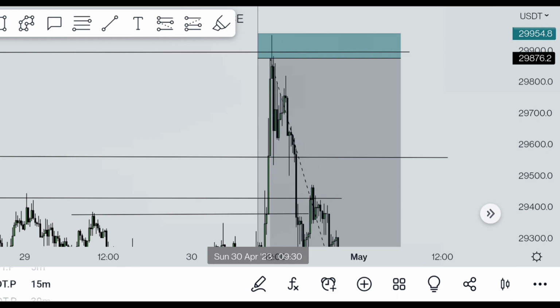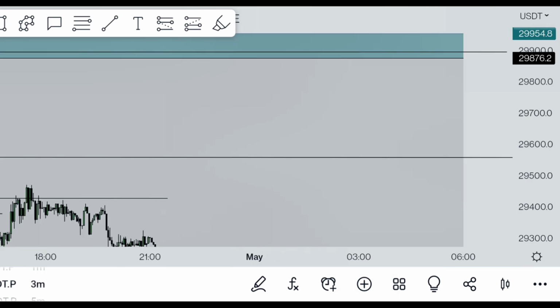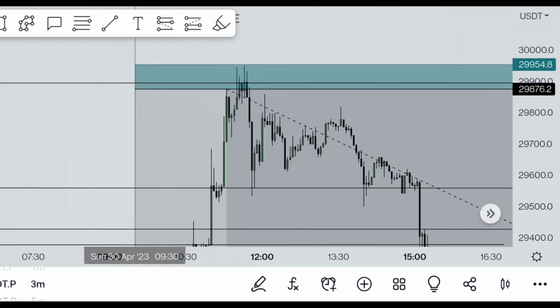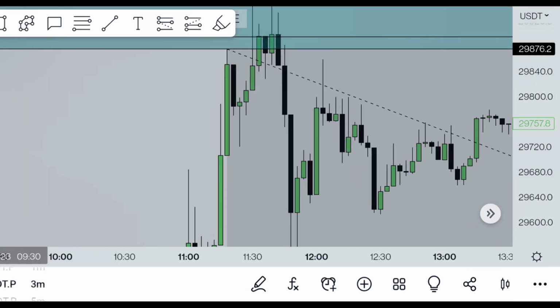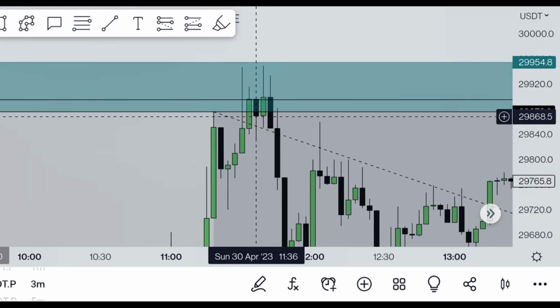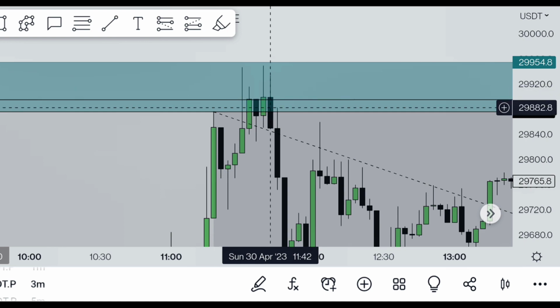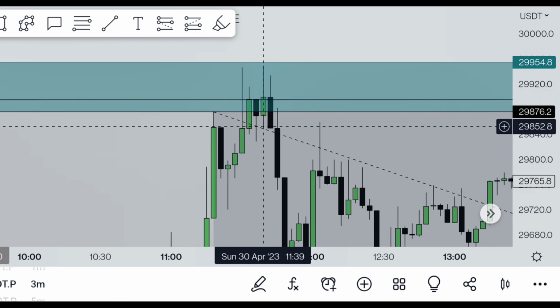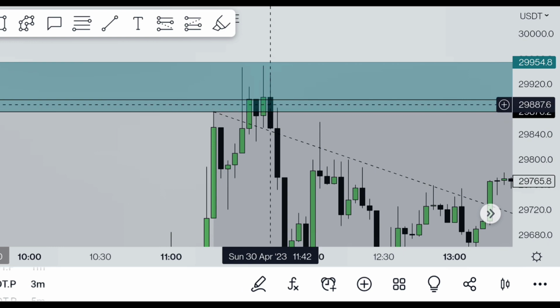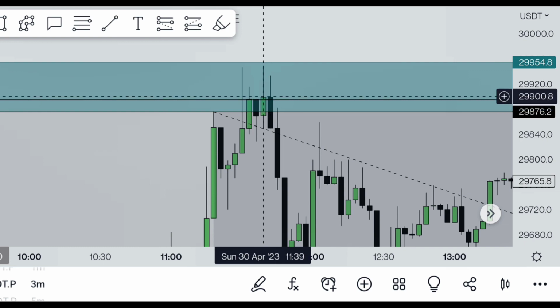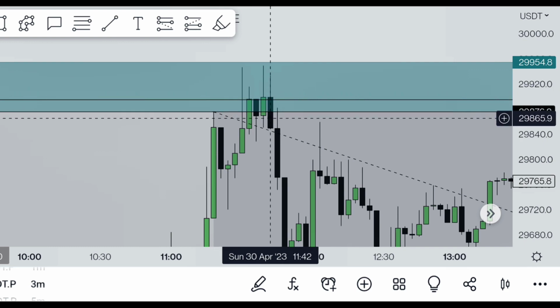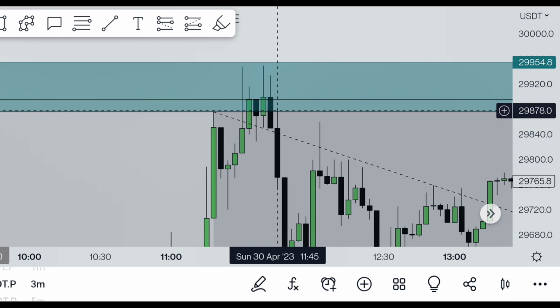If you shift to the 3-minute time frame, you can see we got an order block on the 3-minute. This green candle closed above this resistance, and then we got a candle which closed below this candle. So this is the order block structure. You can watch it in the other video, but this is what we need. Once this candle closed below it and it pumped up, I entered into my shorts.